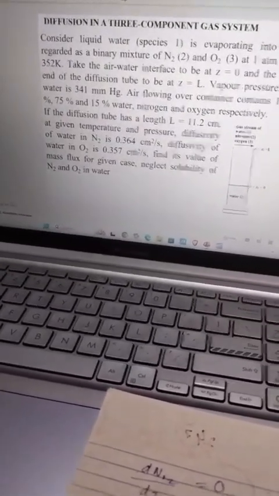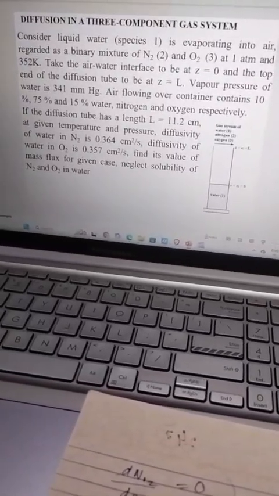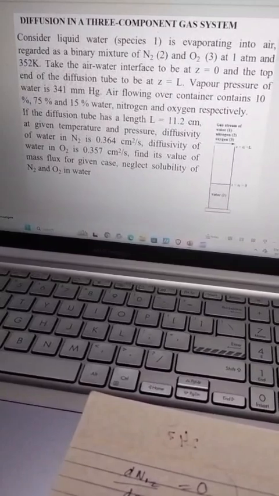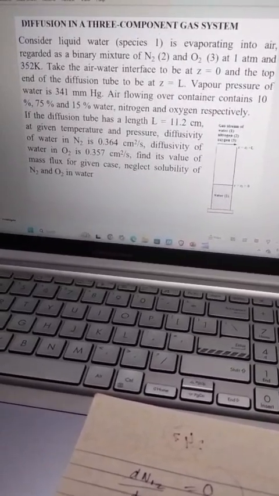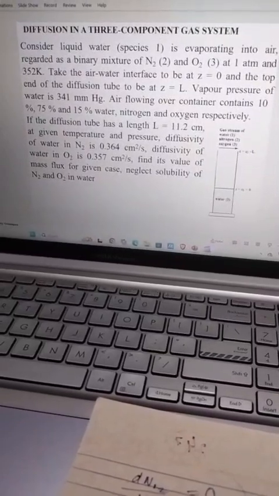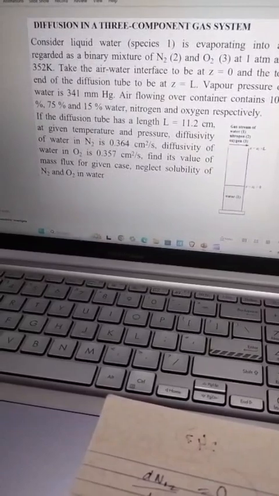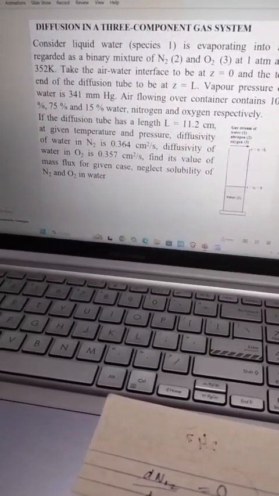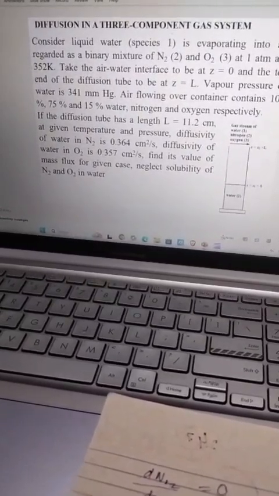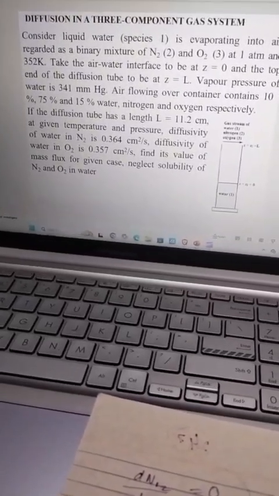If the diffusion tube has a length of L is equal to 11.2 centimeter, at given temperature and pressure, diffusivity of water in N2 is 0.364 centimeter square per second. Diffusivity of water in O2 is 0.357 centimeter square per second. Find the value of mass flux for the given case. Neglect solubility of N2 and O2 in water.